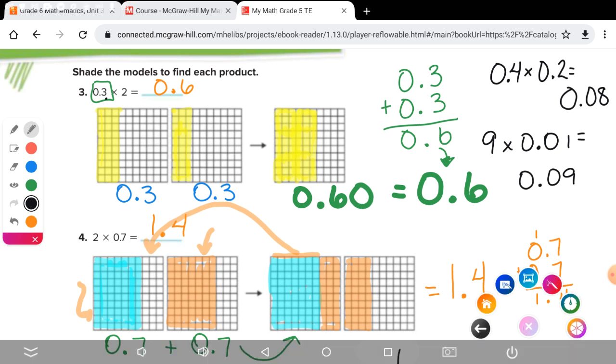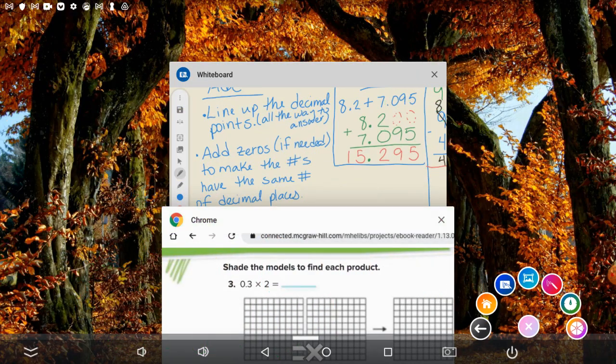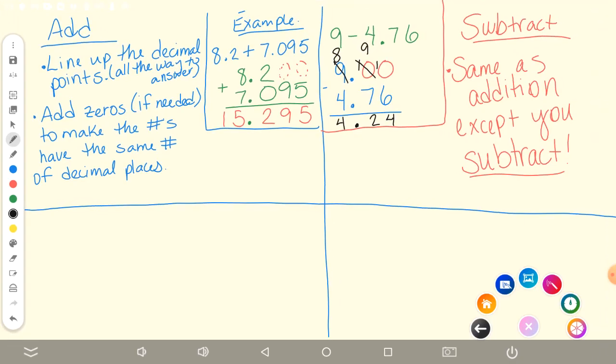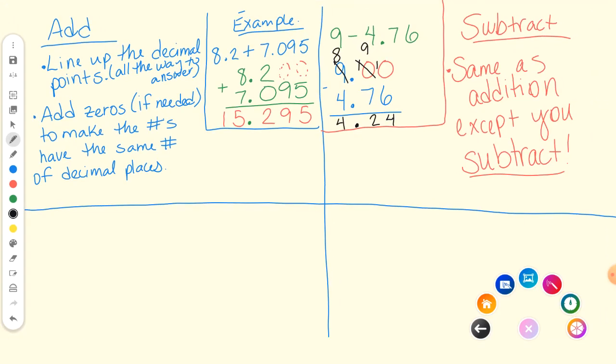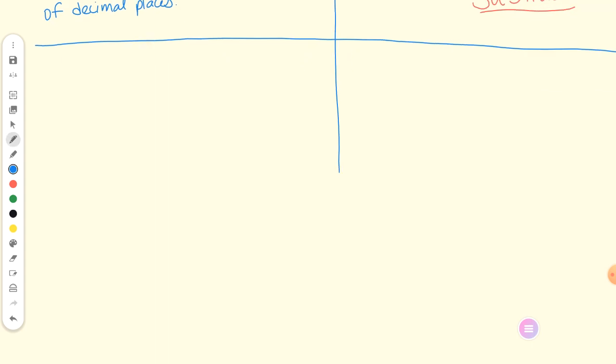In a few better words. Let me clear this. Where's multiply? Bottom left? Yeah. Okay, so for multiplication, move this up a little bit. First thing you're going to do is ignore the decimal point.